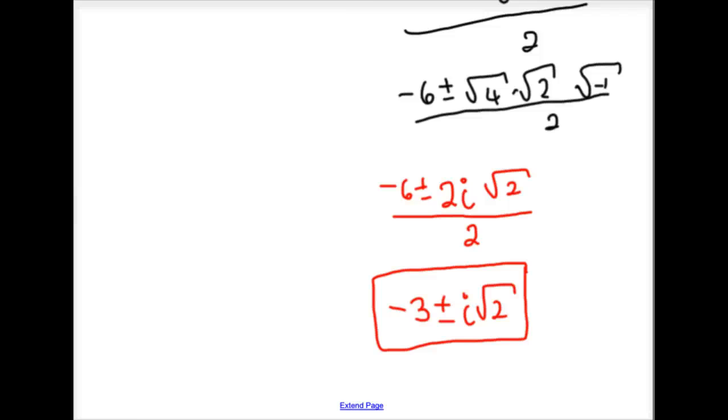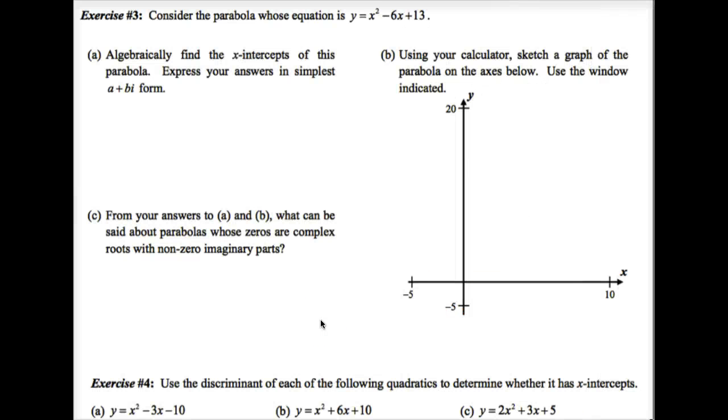So moving along, it says consider the parabola whose equation is given as y equals x squared minus 6x plus 13. So again, the first thing, what's my A, what's my B, and my C? I want to solve this algebraically. So I am going to do what I just did with the quadratic formula.